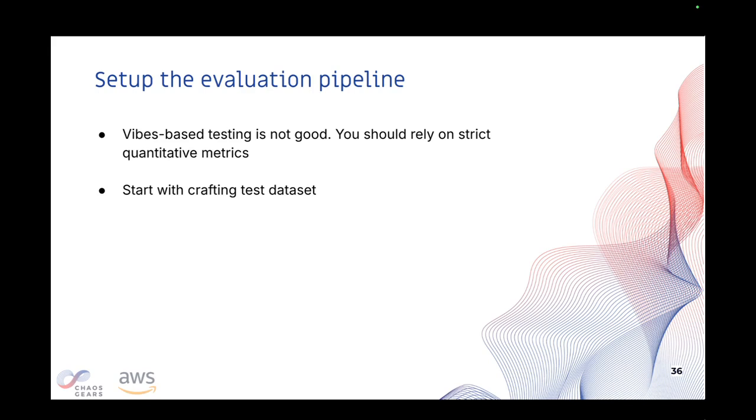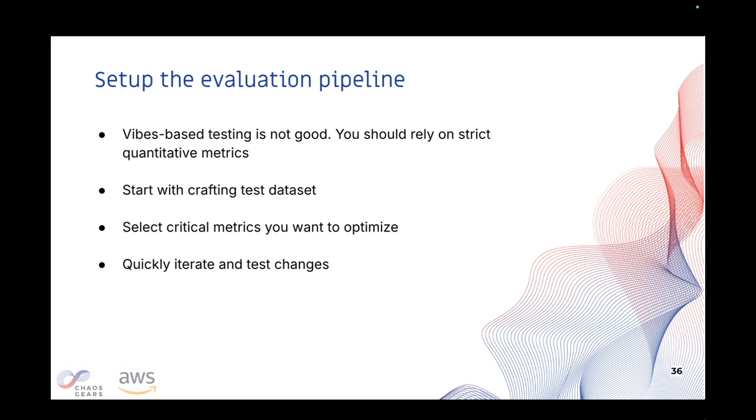As I said, start with crafting a test dataset. And the next thing is to select the critical metrics you want to optimize. Depending on your KPIs and your goals, there are multiple different metrics that you can use. Each focuses on something else, so you can use some subset of them to make sure that you are monitoring all the changes in your pipeline.